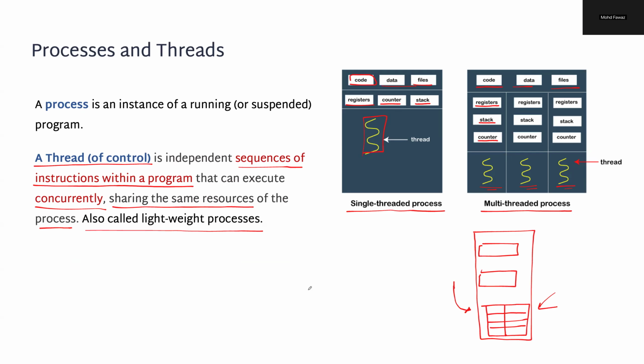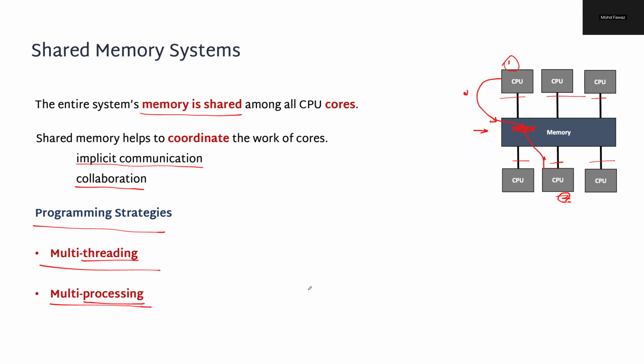Multi-threading is about managing many threads running on the hardware simultaneously, but it's also about programming strategies. Let me explain a little bit. Multi-threading refers to programs that create multiple threads within a process to perform some task, some sort of computation.